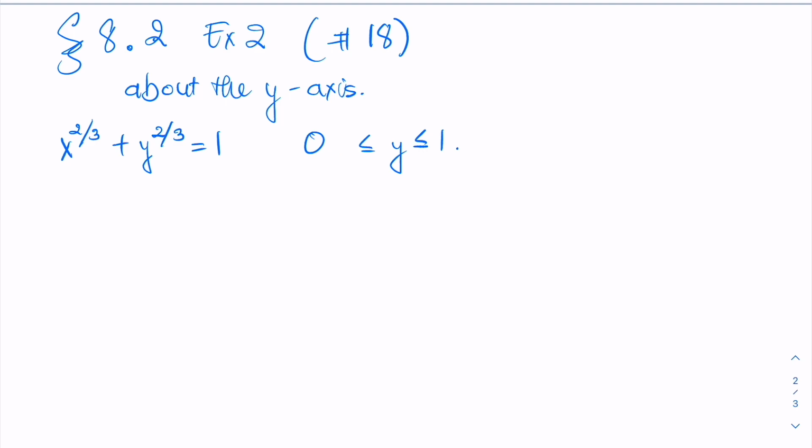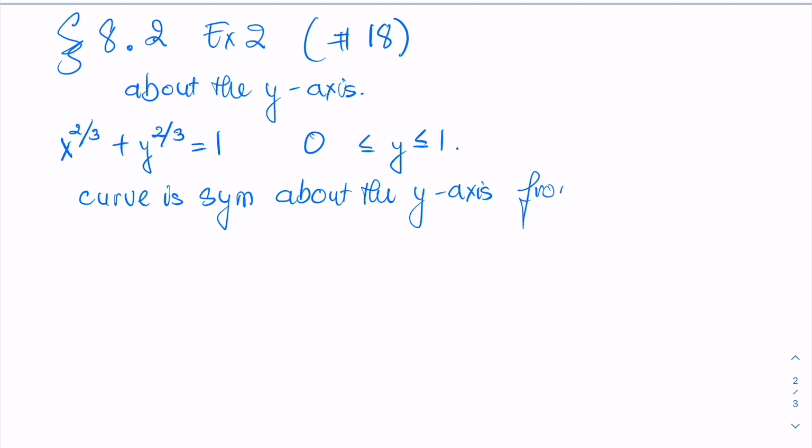Now notice that the curve is symmetric about the y-axis, from x equal to -1 to x equals 1. So we're going to use the portion of the curve from x equal to 0 to x equals 1.